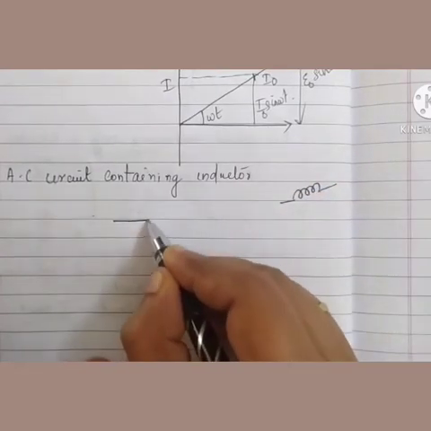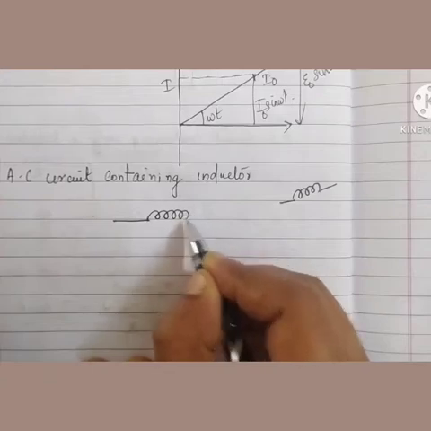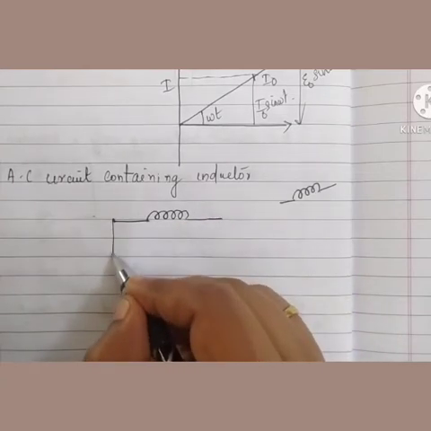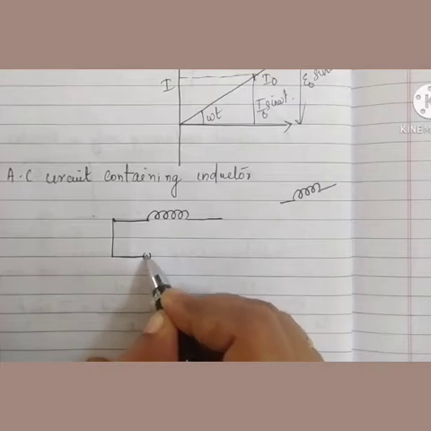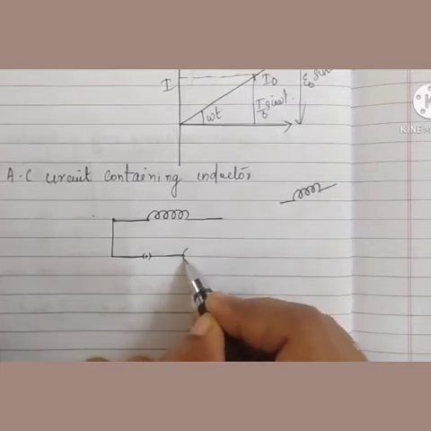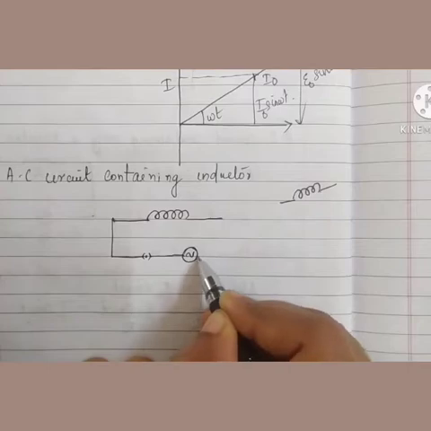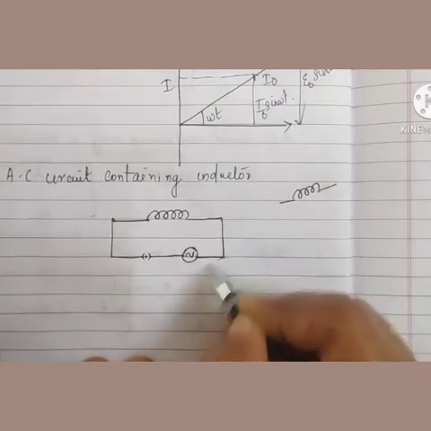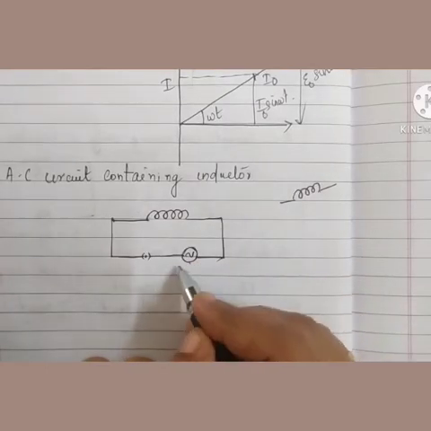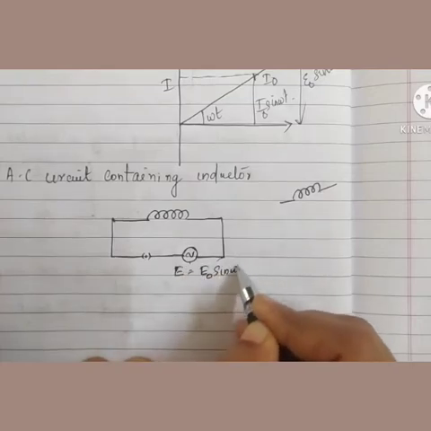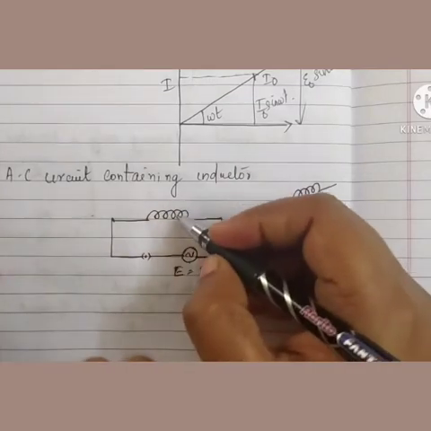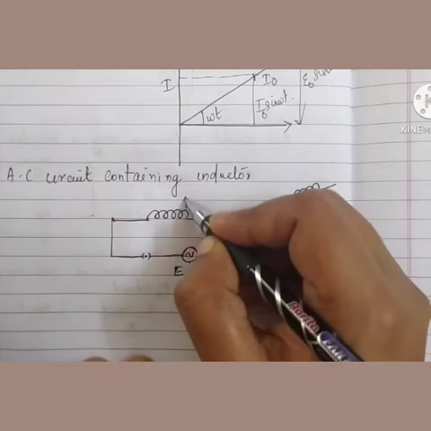So first step is to draw a circuit diagram, inductor, then you can use a key also, AC supply. So this EMF is E, which is equal to E naught sin omega t. This is the inductor, which is represented by the letter L.